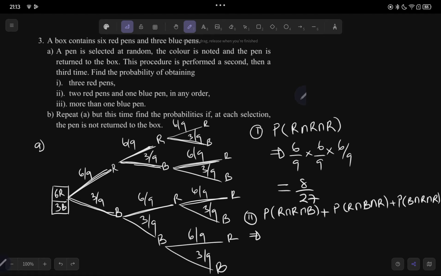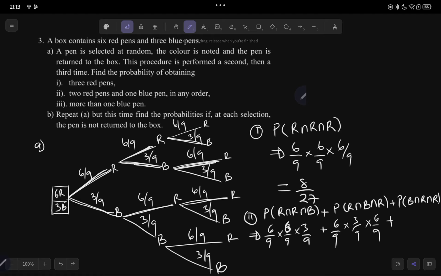So the first branch, if you are following them, red, red, blue: 6 out of 9 times 6 out of 9 times 3 over 9. The second one is red first, 6 over 9, then blue, then red: 6 over 9 times 3 over 9 times 6 over 9.